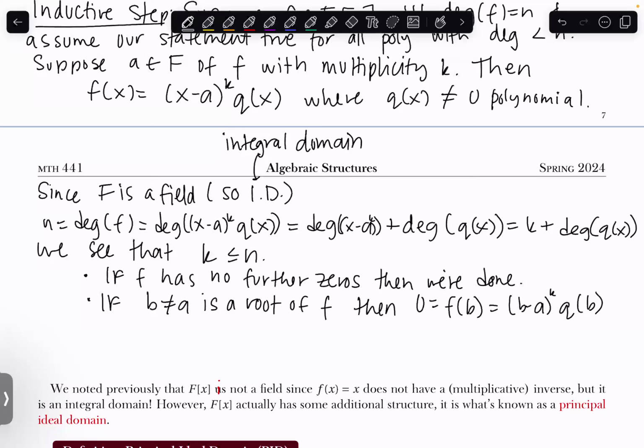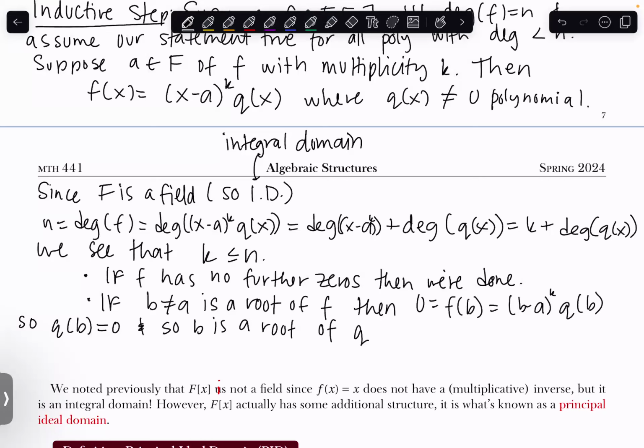So it's really saying if I have another 0, it comes from that q, right? That's the only option I have because it doesn't come from my x minus a part. So here I'll have q of b is equal to 0. And so b is a 0 or a root of q.